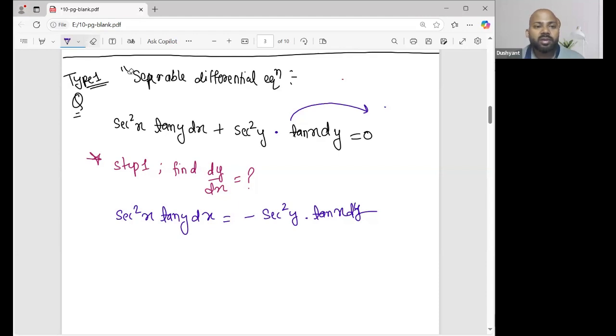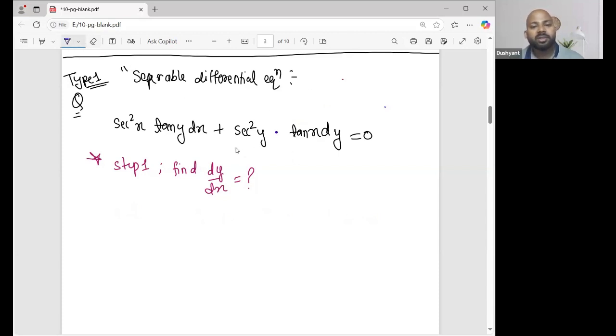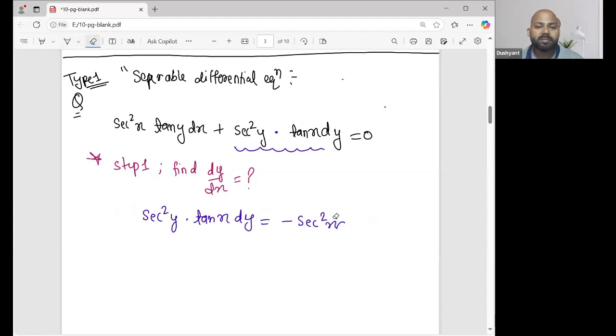Let's do one thing: the dy term should be on the left hand side so it will be easy to calculate. So sec square y tan x dy equals negative sec square x tan y dx.